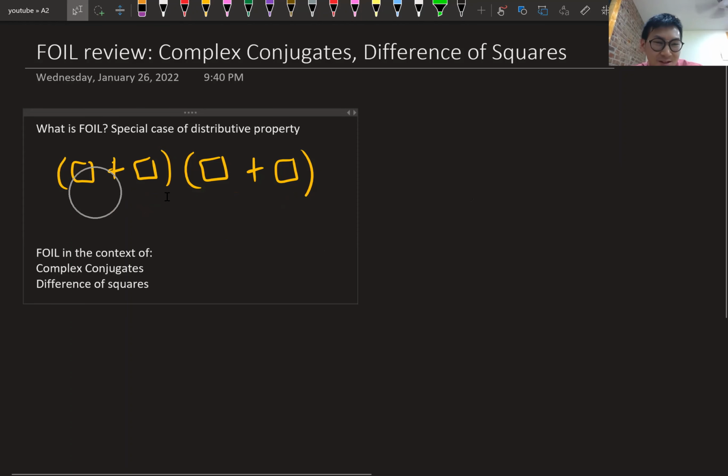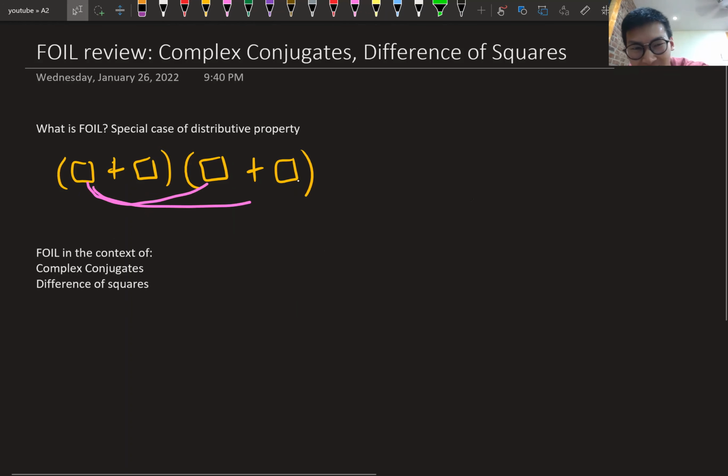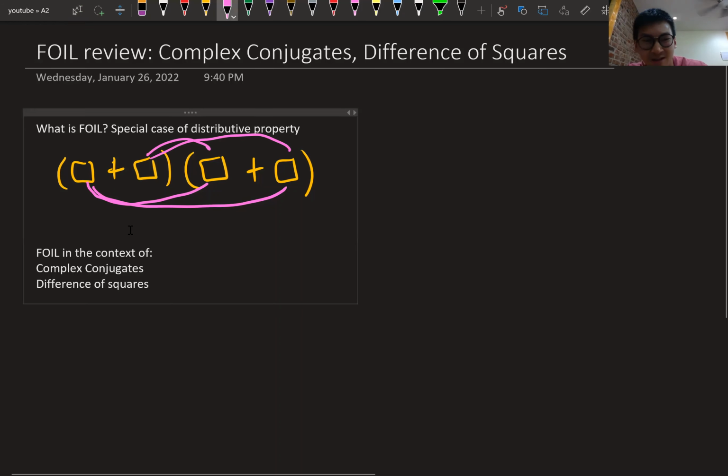So basically, every term in the second factor gets this first guy. And then every term in the second factor also gets the second guy. And by get, I mean you just multiply those. And then finally you add all of them up.